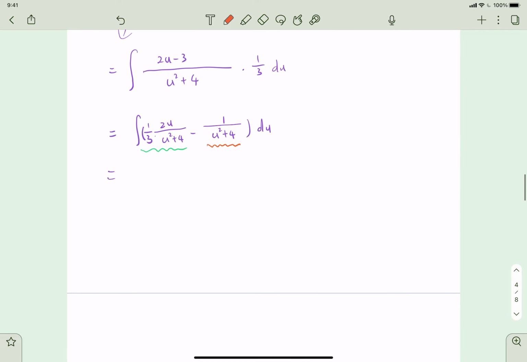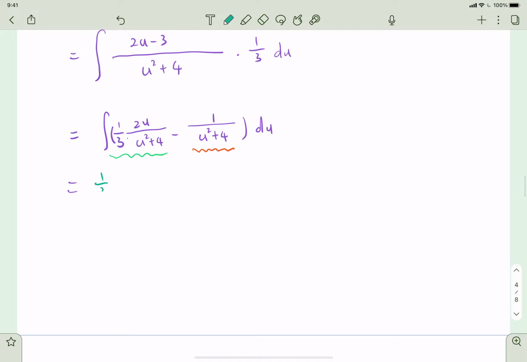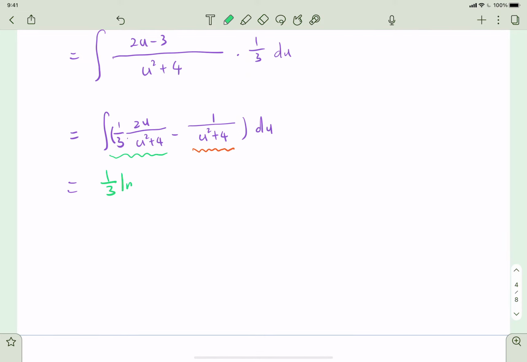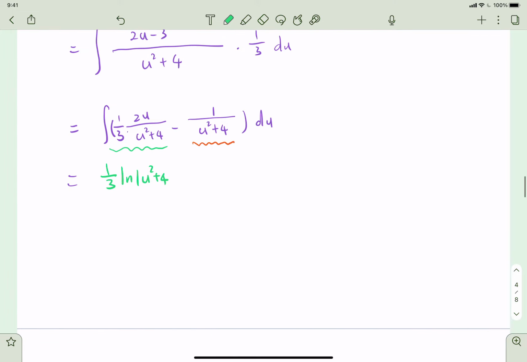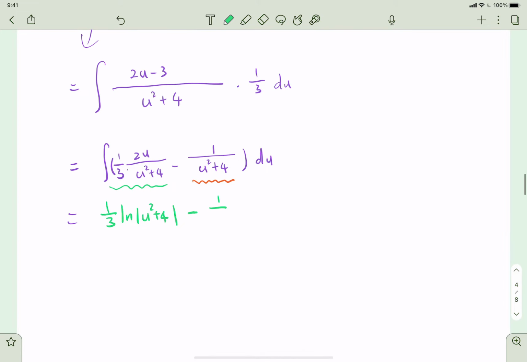So now I'm going to write directly. This first one here, it's 1 over 3 ln of u squared plus 4, right? And also we have the second one here, that is minus 1 over square root of 4 times tangent inverse.